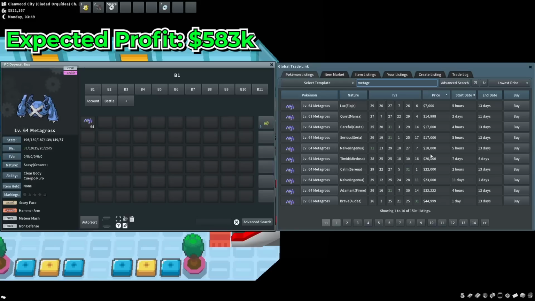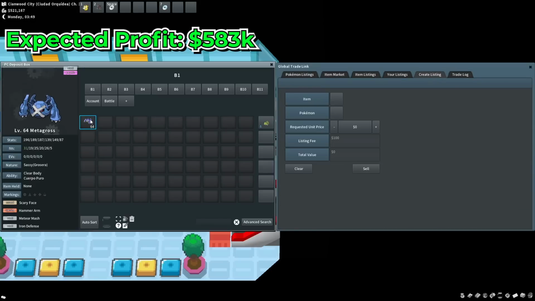So we're putting ours here, just under this one here. It would be best if one of the 31 IVs was in the desired stat, in this case attack and speed, and then the defenses would be 25 because it would need fewer breeding steps in order for it to be a viable Pokemon. So I'll be putting ours at 18.